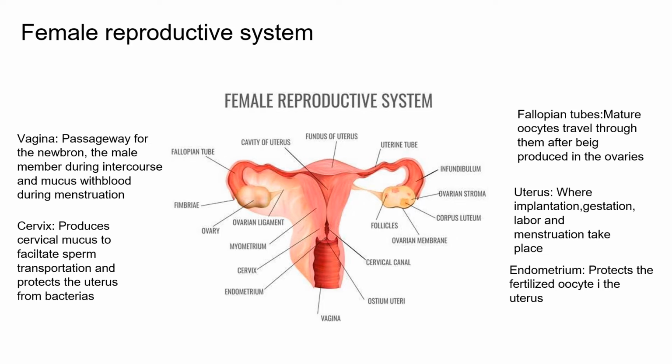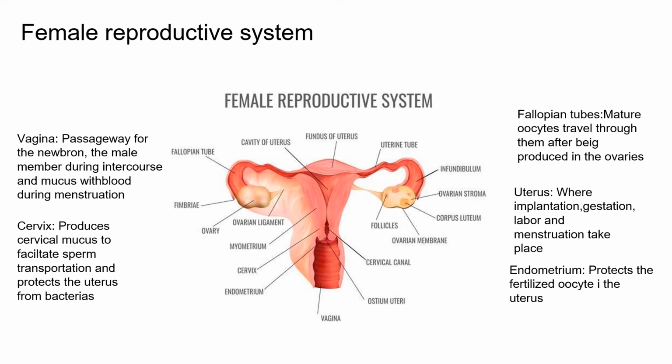The uterus is the place where the implantation, gestation, labor, and menstruation take place. The endometrium protects the fertilized oocyte once it reaches the uterus.